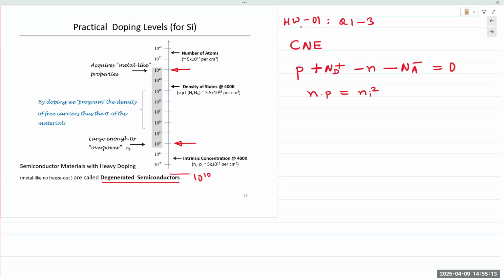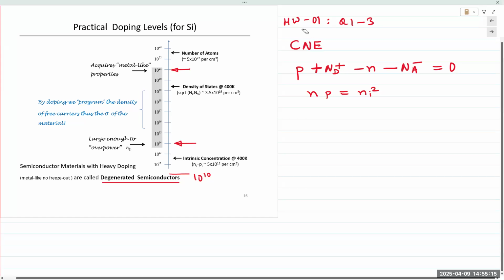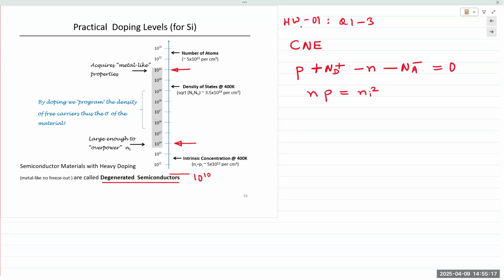Anyway, so N times P is Ni squared. We just saw how and why that happens. So we can write from here that N is equal to Ni squared over P, or we can write P is equal to Ni squared over N. And that's all we need.